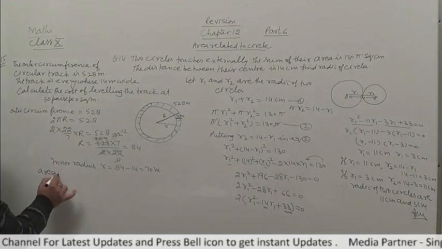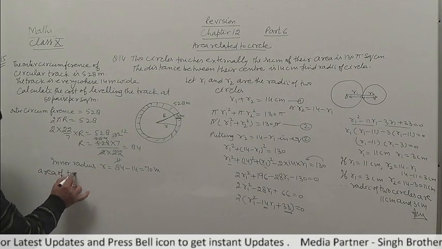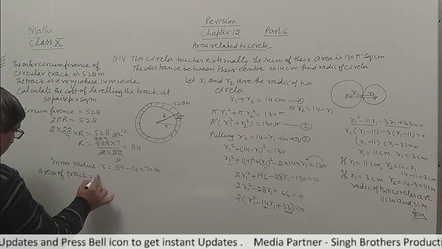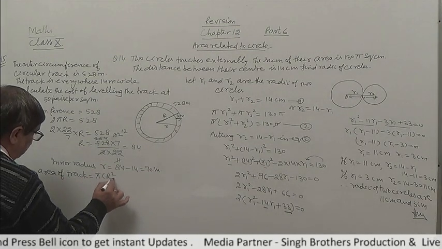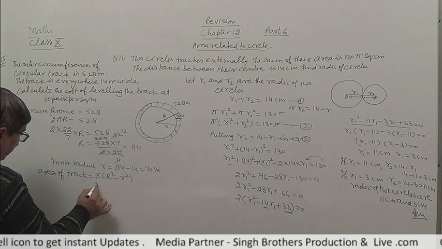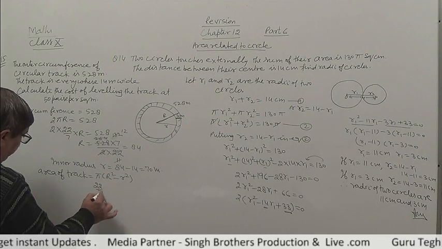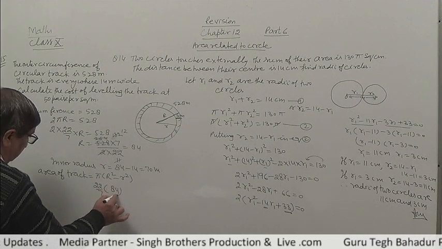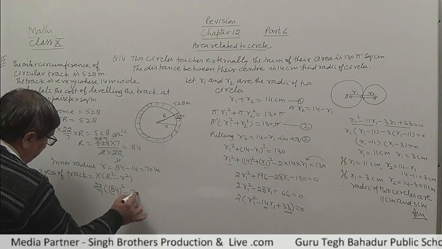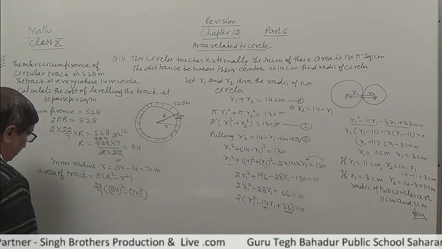Area of track is pi (capital R square minus small r square), 22 upon 7 into (84 square minus 70 square).